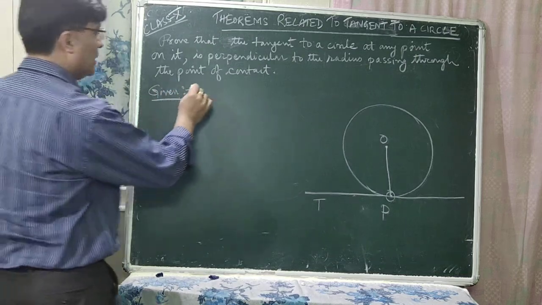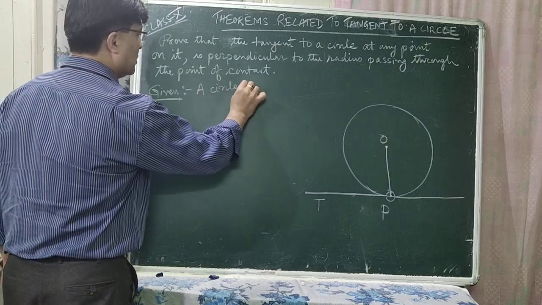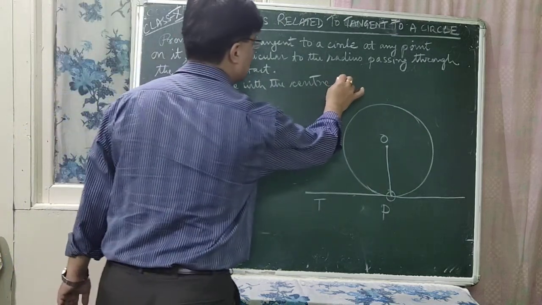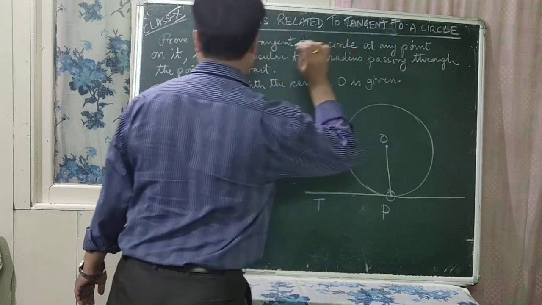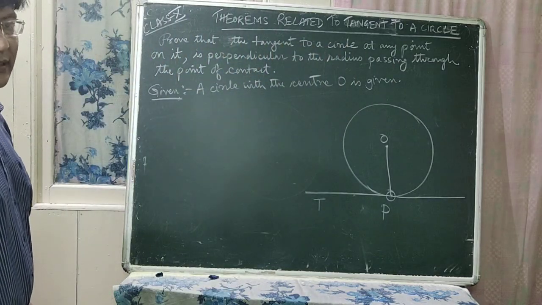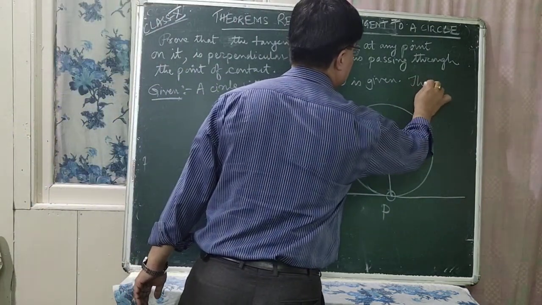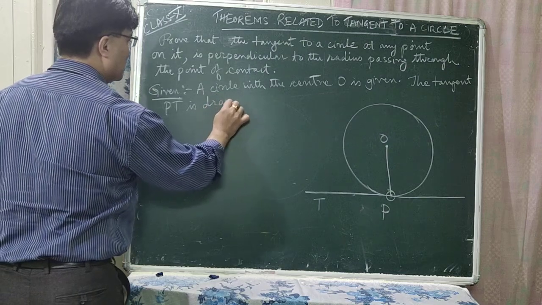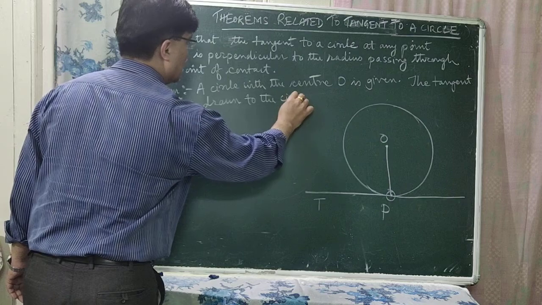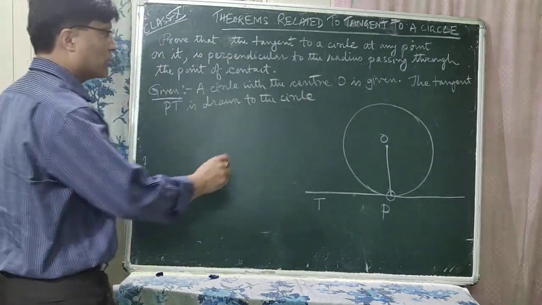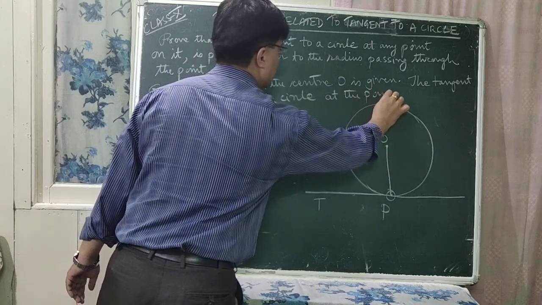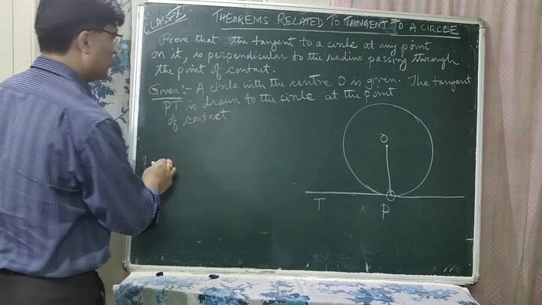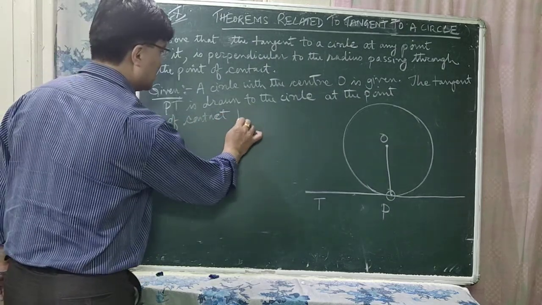So here given is a circle with the center O. Given a circle with the center O, right?